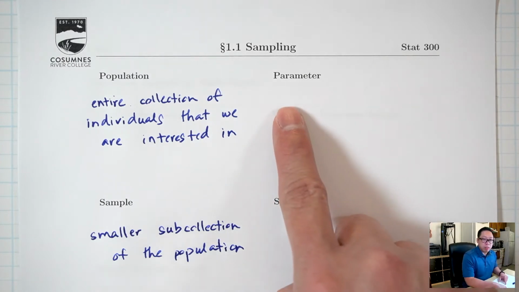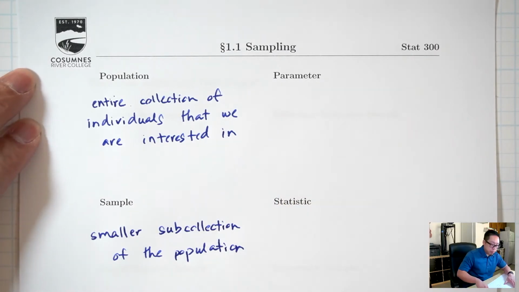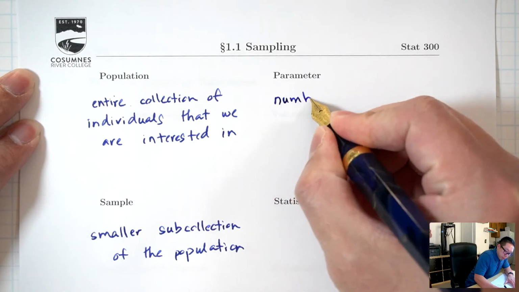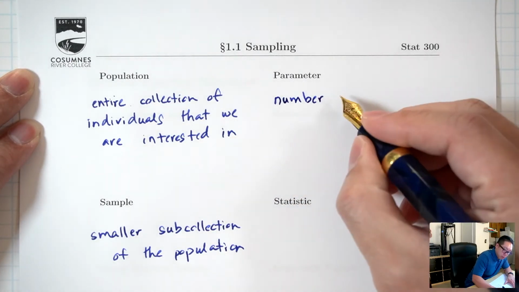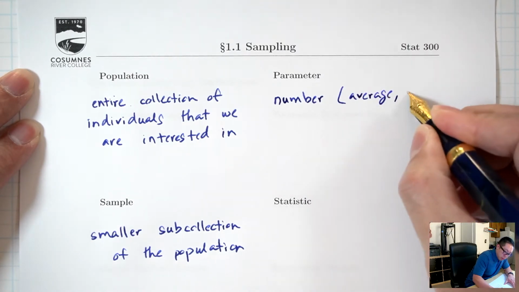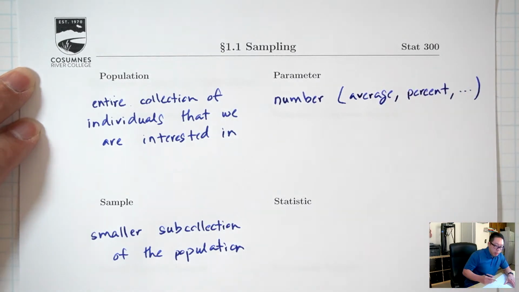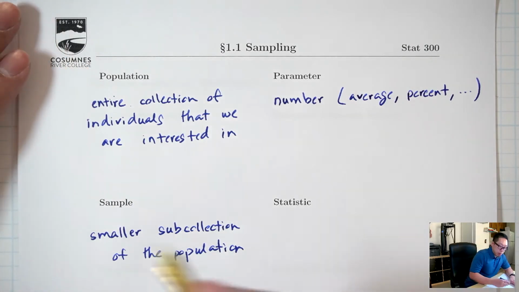If you calculate the percent or the average from asking everybody in the population, it's called a parameter. So a parameter is a number. And when I say number, think average or percent. And then there'll be other numbers we can calculate that we'll talk about later on in the class. So it's a number that describes the population.